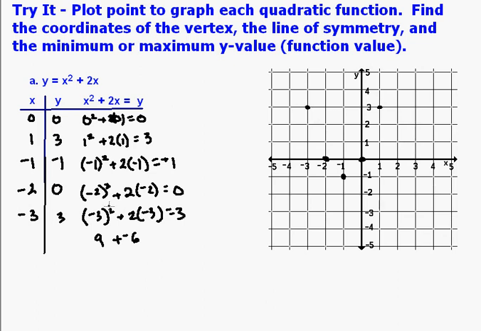So from here, you get an idea of what that parabola is going to look like. Let's color that in blue. As carefully as you can, try to connect the dots in a way that looks somewhat smooth.